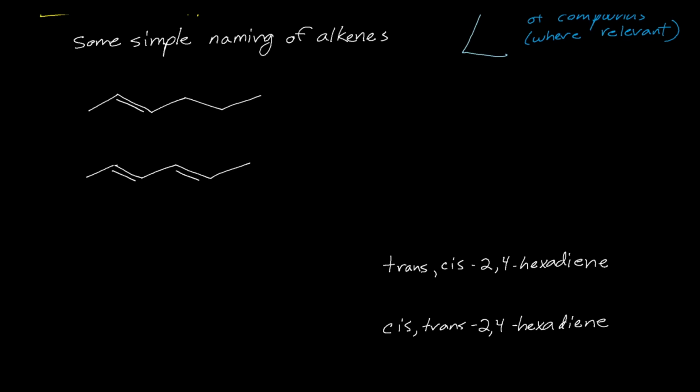So we can do some simple examples though. And I'll point some features out. You want to give the alkene the lowest possible number. So 1, 2, 3, 4, 5, 6, rather than numbering it from this direction. That would be 1, 2, 3, 4.